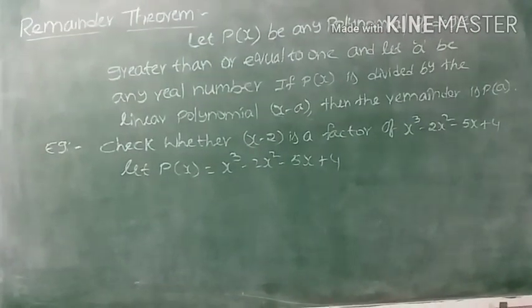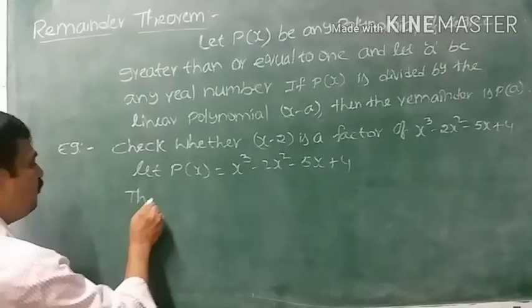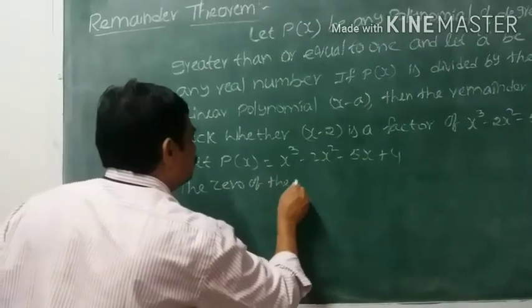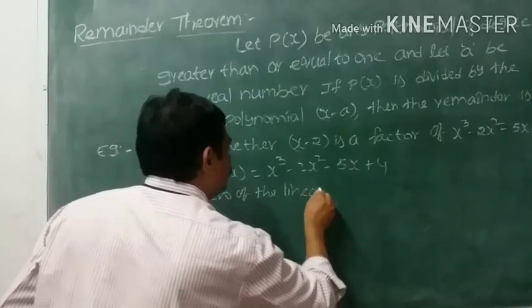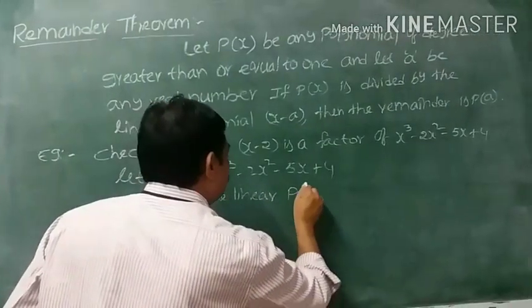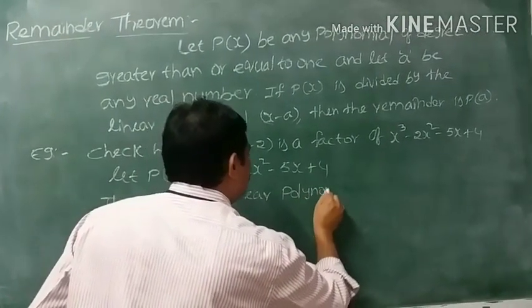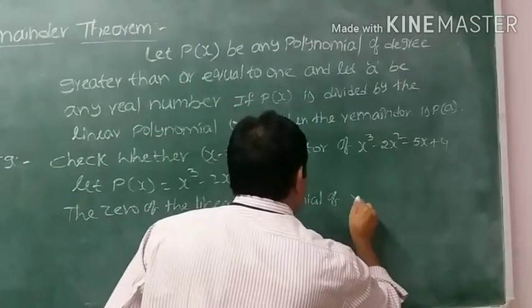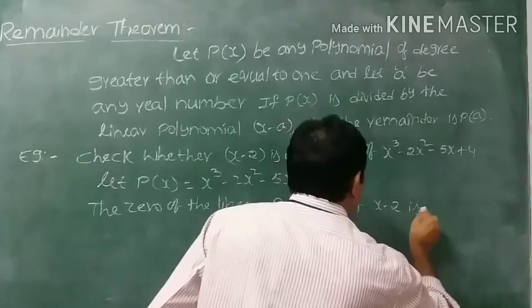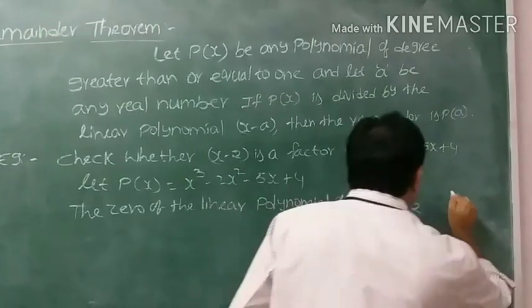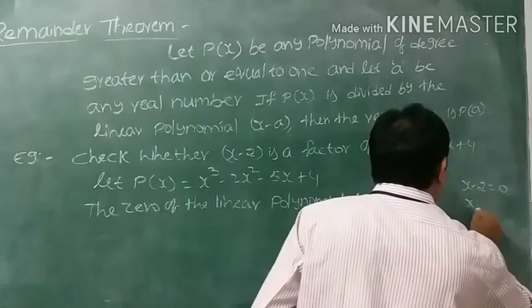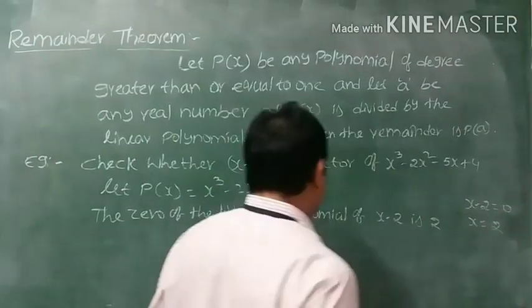Now the zero of the linear polynomial x minus 2 is 2. Here, how do you get that? Because x minus 2 is equal to 0, then minus 2 suddenly becomes plus 2.